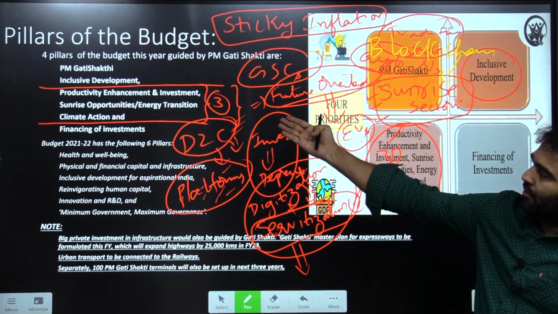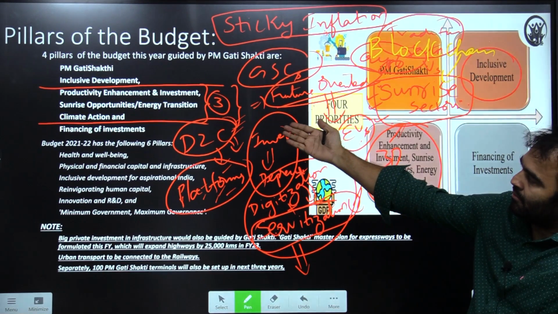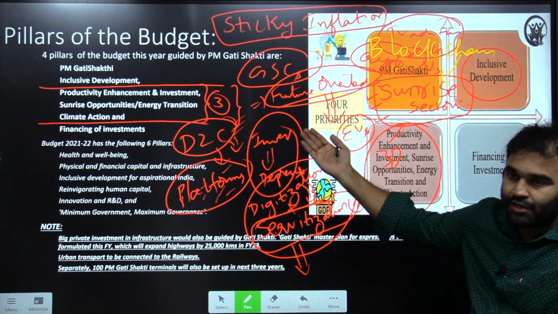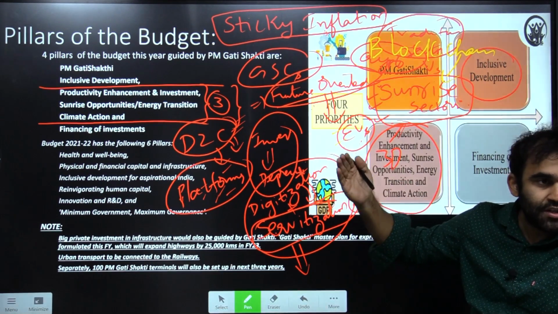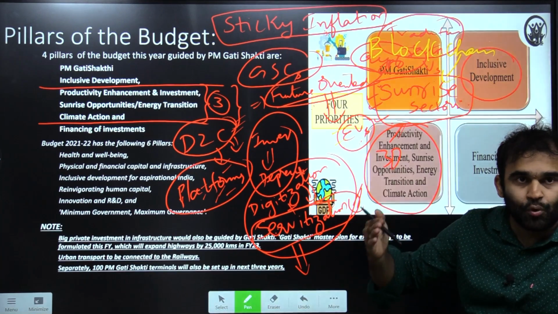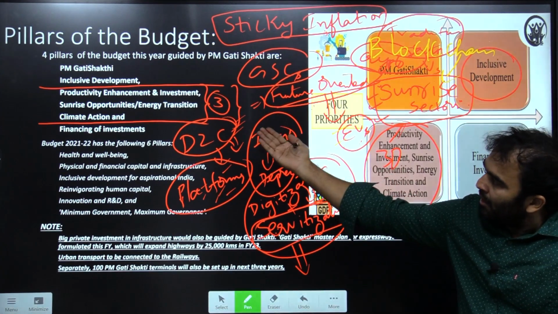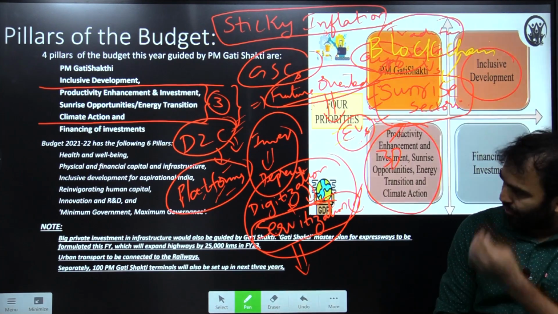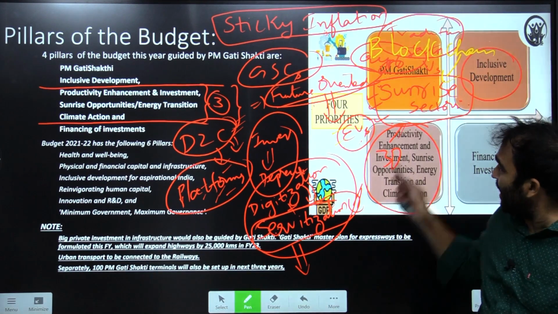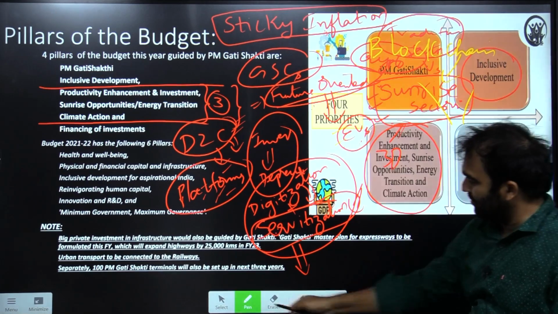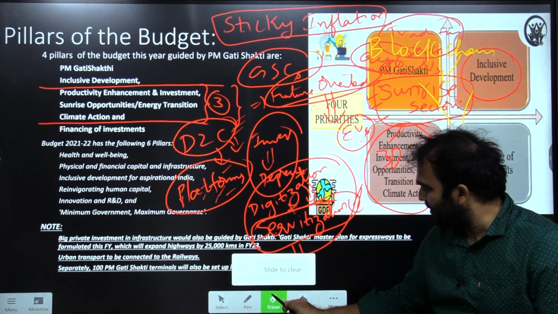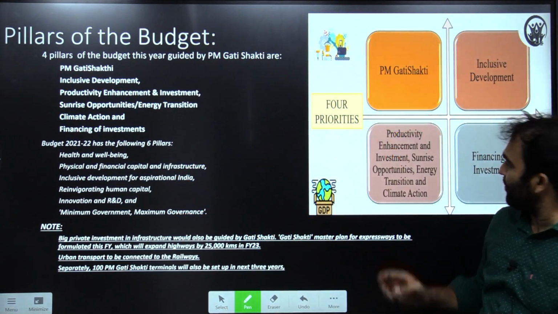So that is your third pillar, which is completely future oriented and also which is focusing upon improving the productivity of our economy. And the fourth one is, of course, which connects all the three. Where are we going to get the money from?